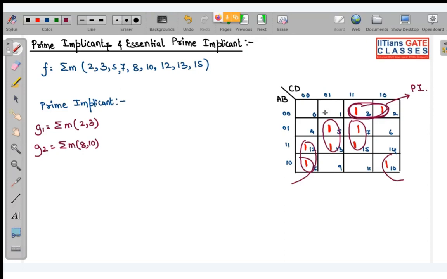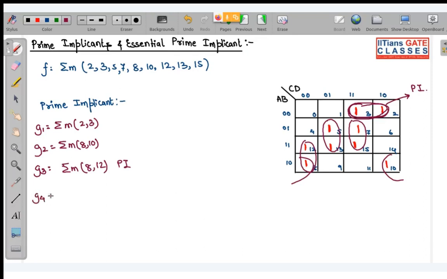So this is also one prime implicant. Look at 8, 12. If you look at this group, I cannot increase its size any way possible. So this is also prime implicant.